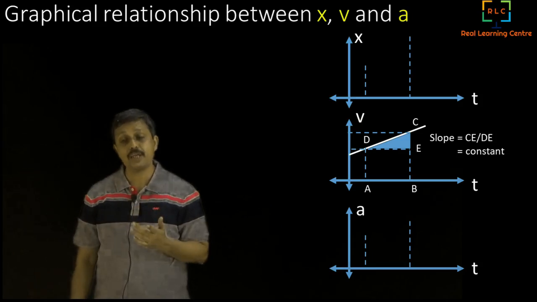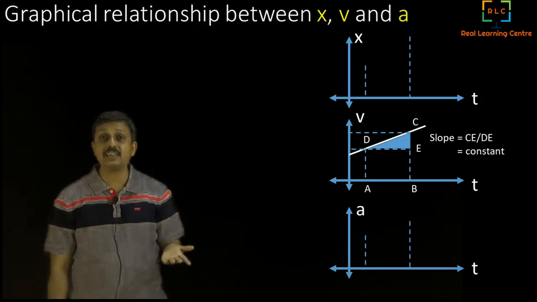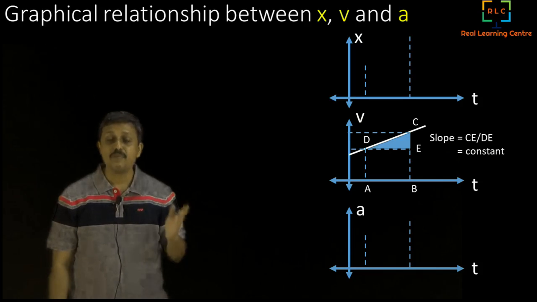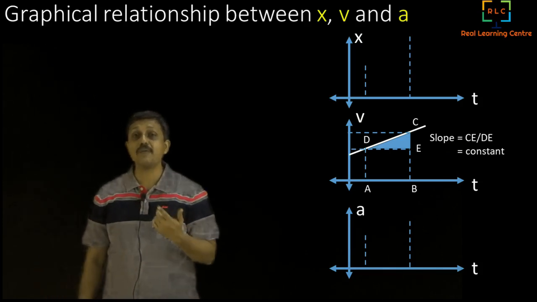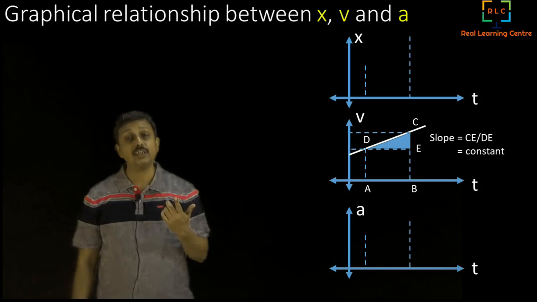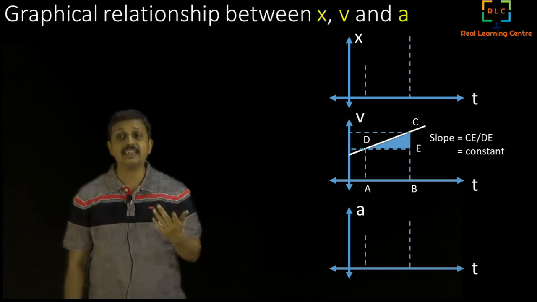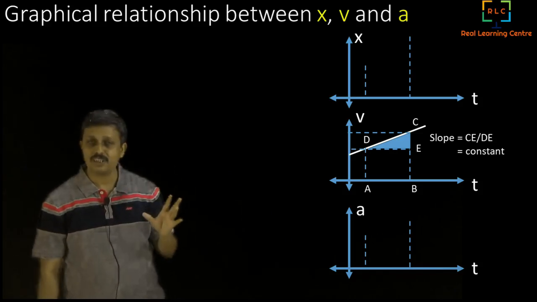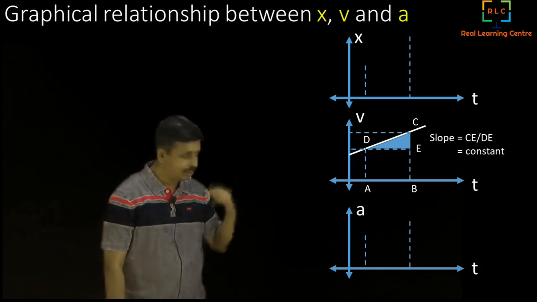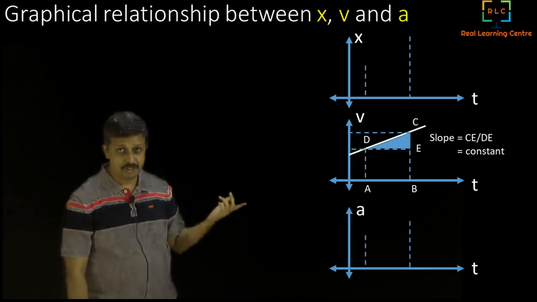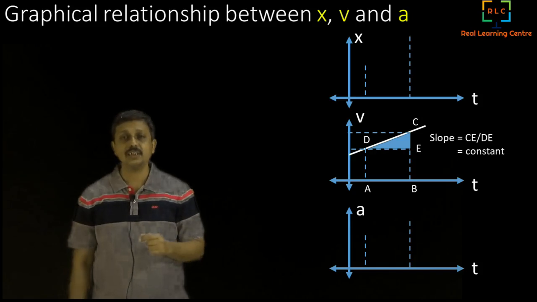If the slope is the same, what does it mean? That means acceleration is not changing. From A to B, everywhere it is the same acceleration. And what is its value? Its value is CE by DE. You measure CE, you measure DE, and divide, and you will get the slope.